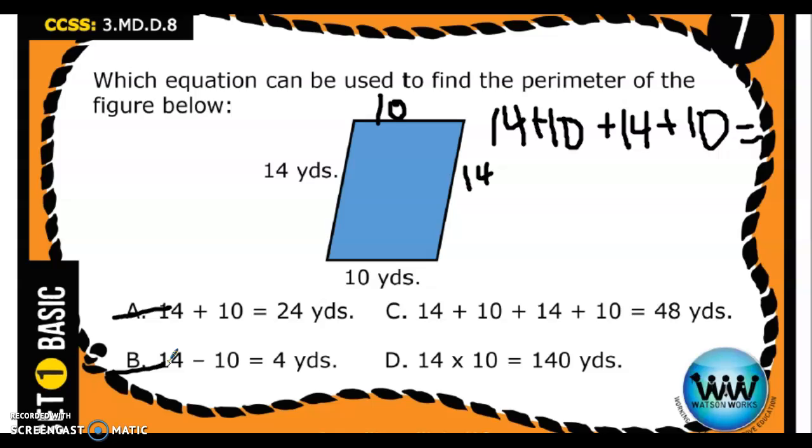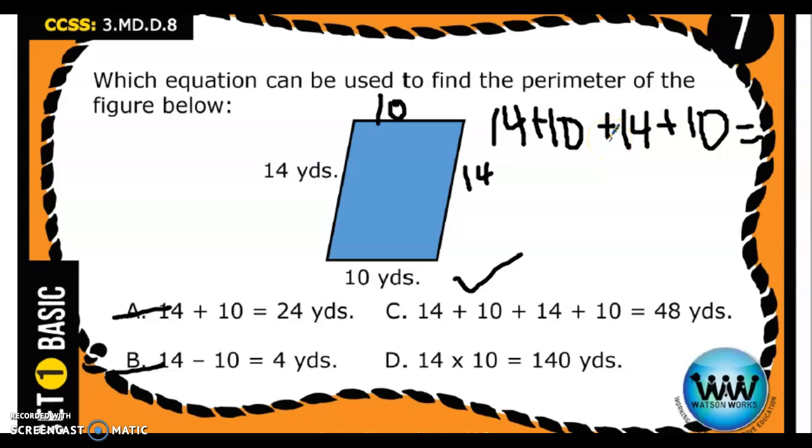Because we're subtracting for 1, and we only subtracted 2, and I have a total of 4 sides. Okay, letter C, 14 plus 10 plus 14 plus 10. Could that be my answer? That could be my answer. That matches the equation that we wrote out.